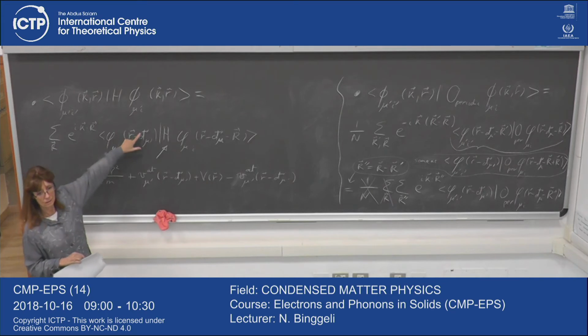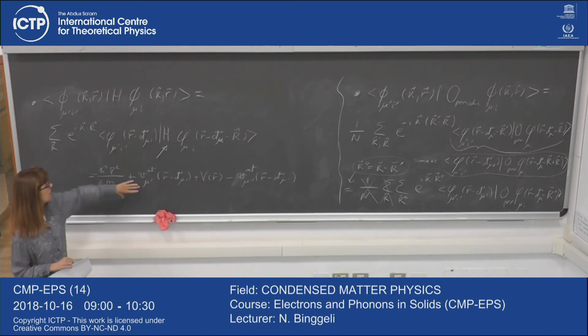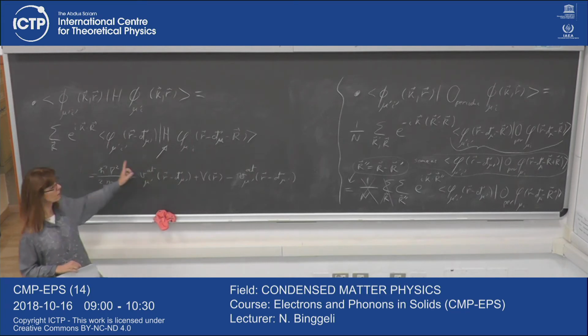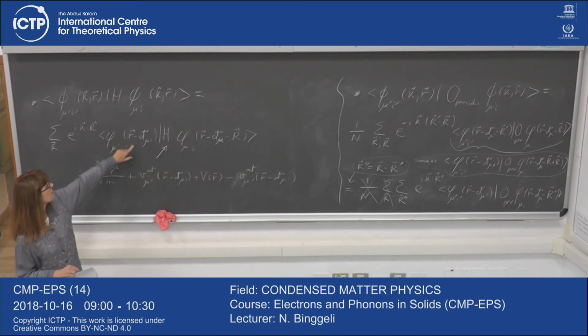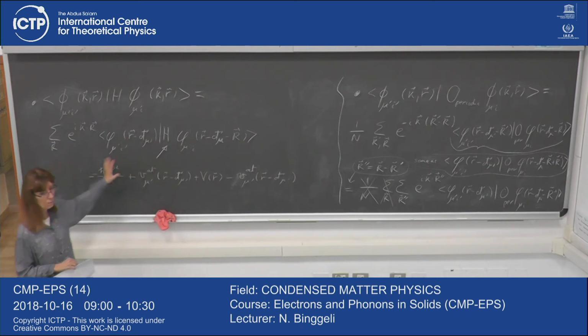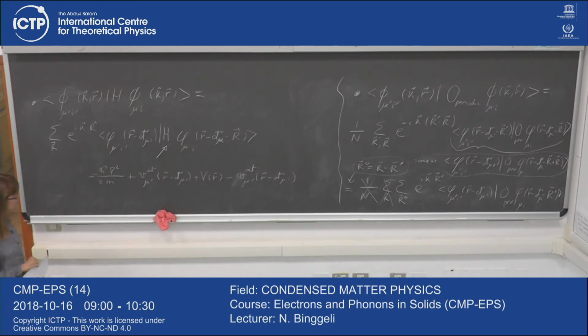I center it at the same place because the idea is that this is the atomic Hamiltonian, and I know that this is an eigenstate of the atomic Hamiltonian. That's why I'm writing my crystal potential this way.